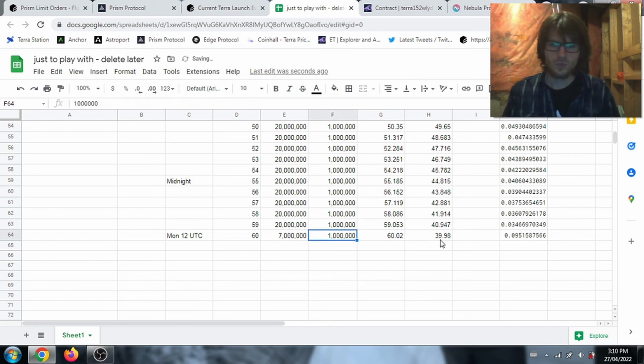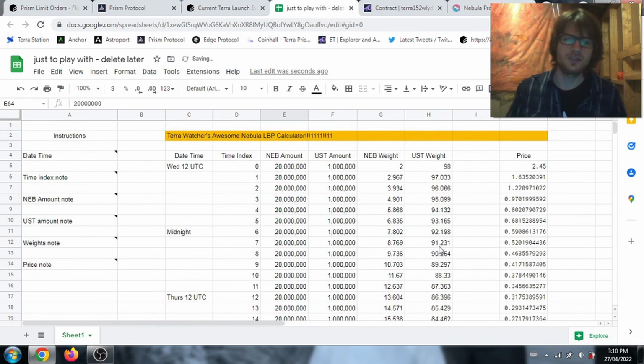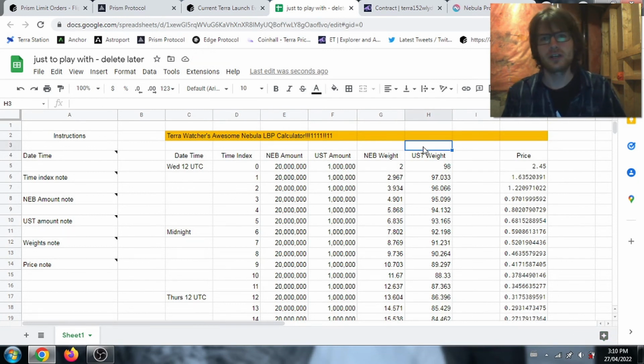But what's really useful for this calculator is you can try and figure out when your target price is going to be hit, because if you're playing this LBP, you've got to have a target price. I've got a target price. I'm going to put a lot of money into this LBP, and well, I haven't quite arrived at my target price yet, but I'm still working on it.